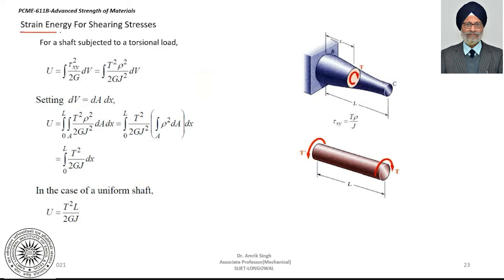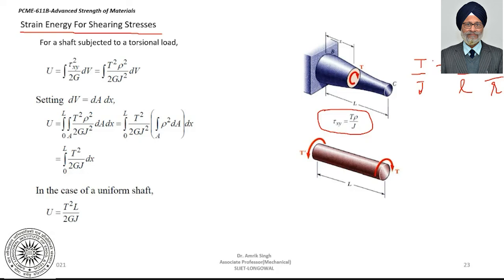Now, how to calculate the strain energy for the shearing stress. In the case of shearing stress, suppose the shaft is subjected to a torsional load. The shear stress, by using the torsion equation, we know that T by J is equal to G theta upon L is equal to tau upon R, where tau is the shear stress and R is the radius.